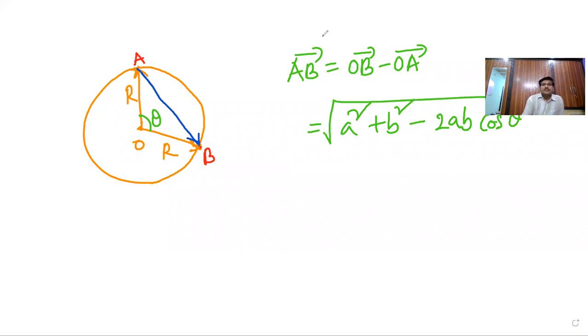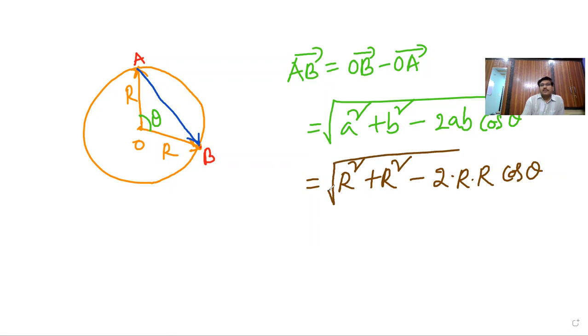Now, in this case, what is magnitude of first vector in place of A? R. Magnitude of second vector B? R, again OB. So R square plus R square minus 2 R into R into cos of the angle between them.